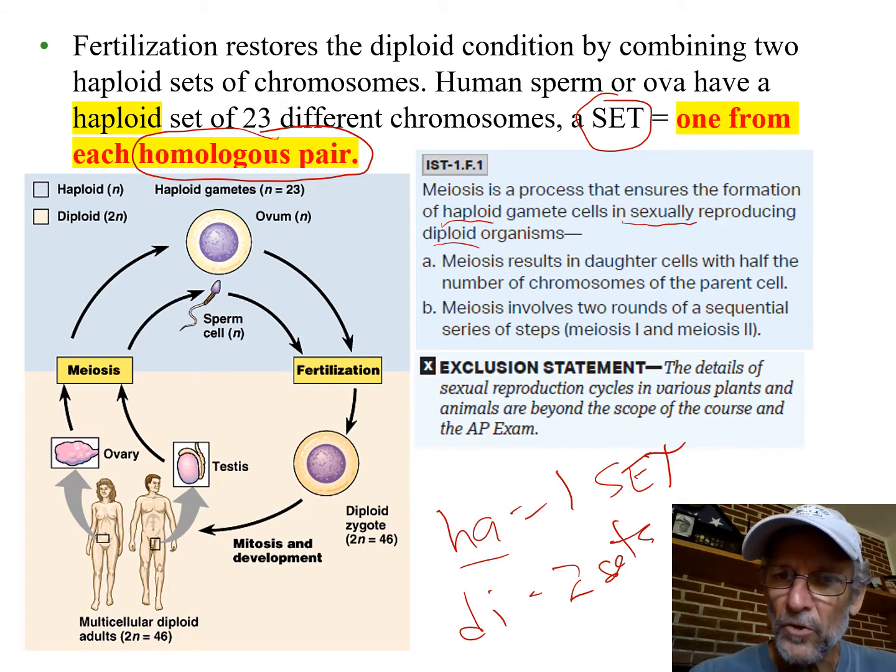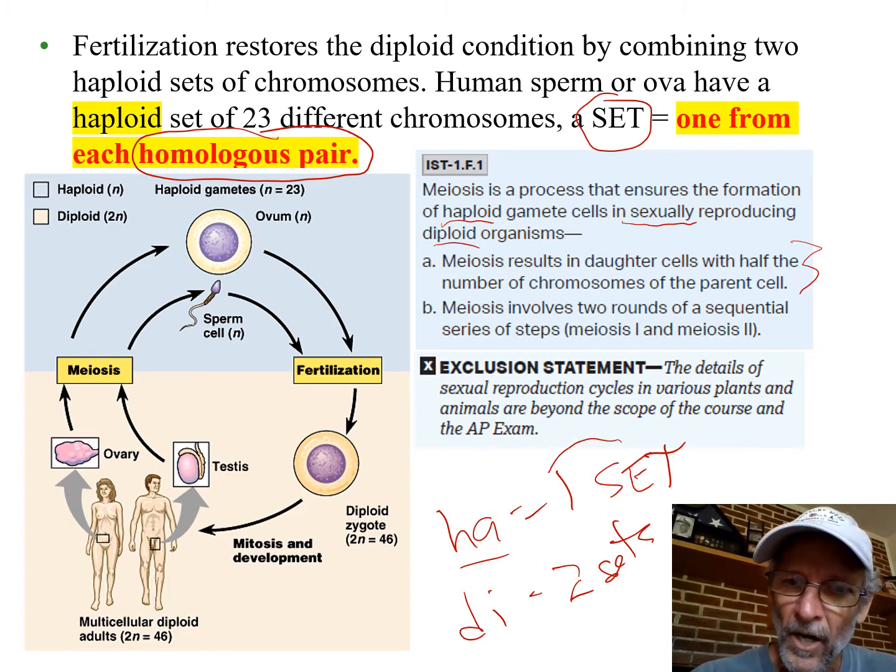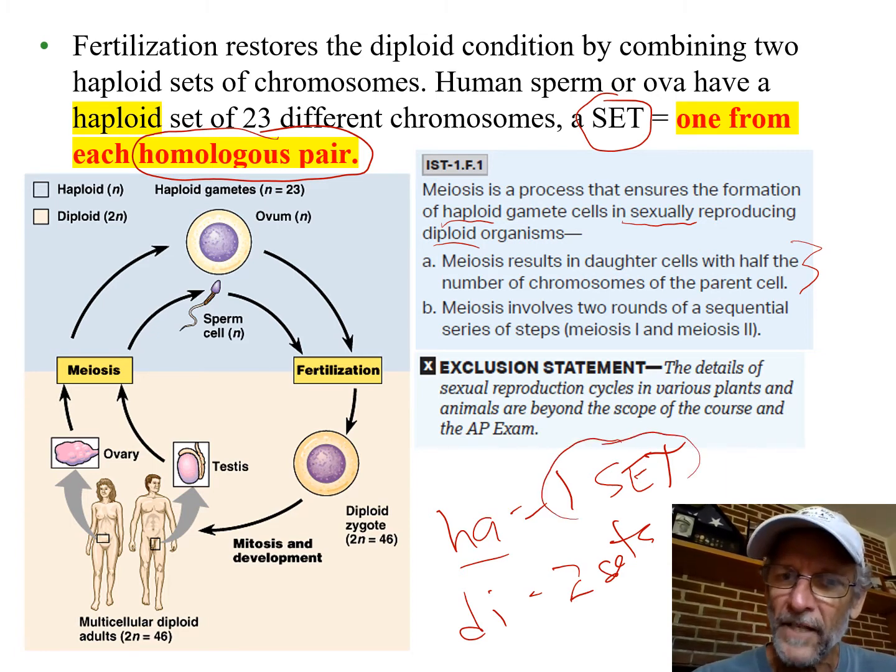So what does meiosis result in? Cells that have half the number of chromosomes, but more importantly, a very specific half: one of each kind, one of each pair, one of each size. Remember, we said that in a whole bunch of different ways.